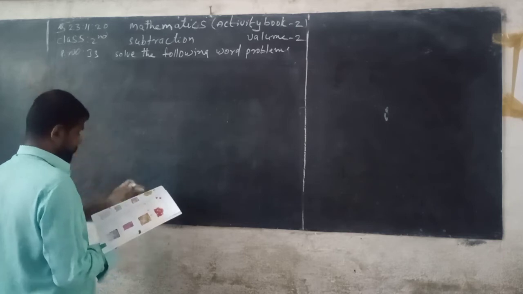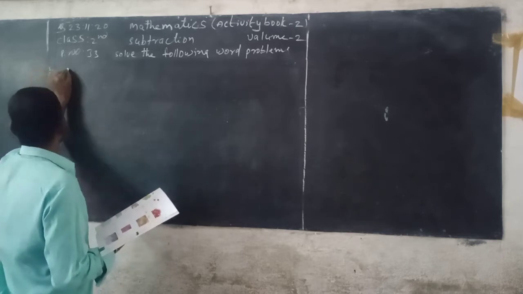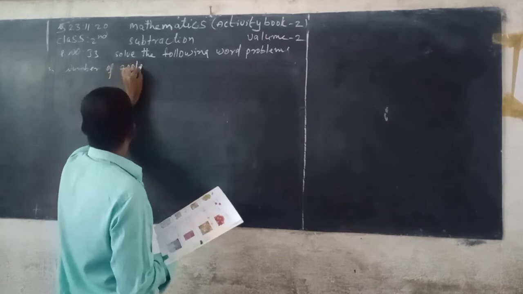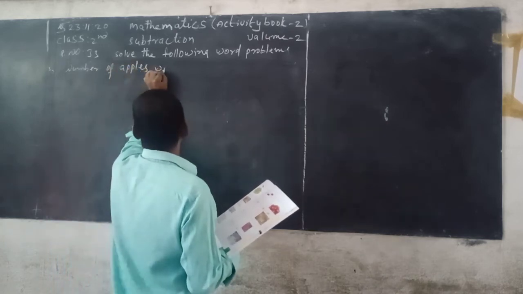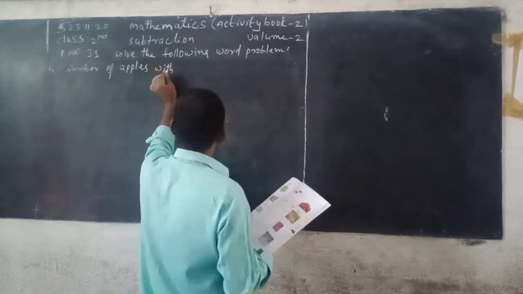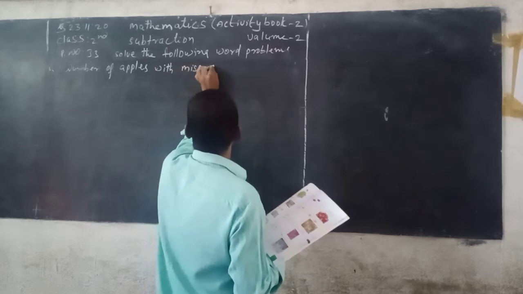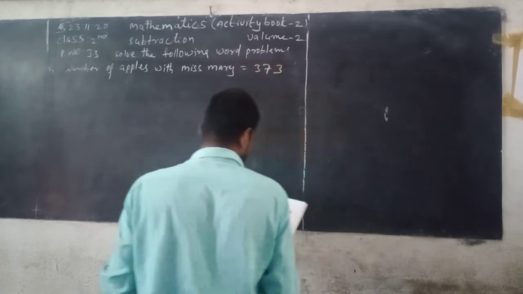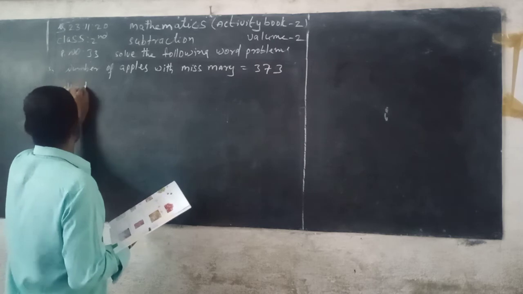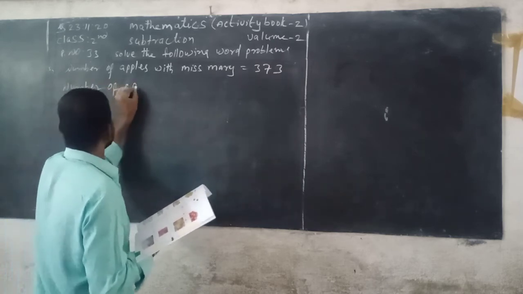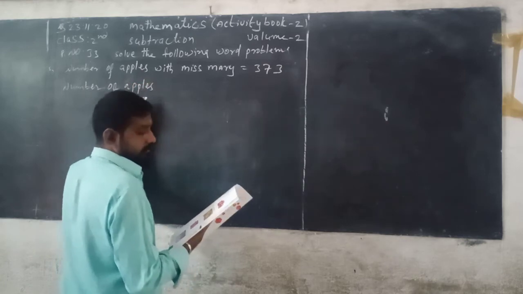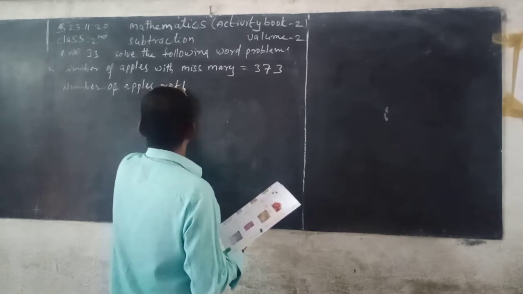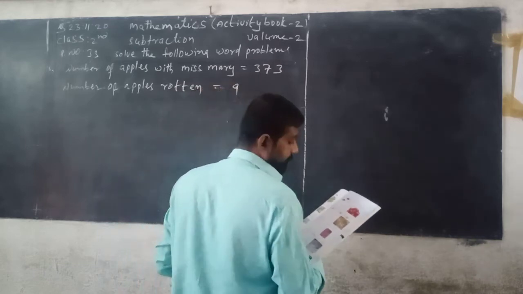Number of apples with Miss Mary, 373. Number of apples rotten, that is equals to 9 apples.